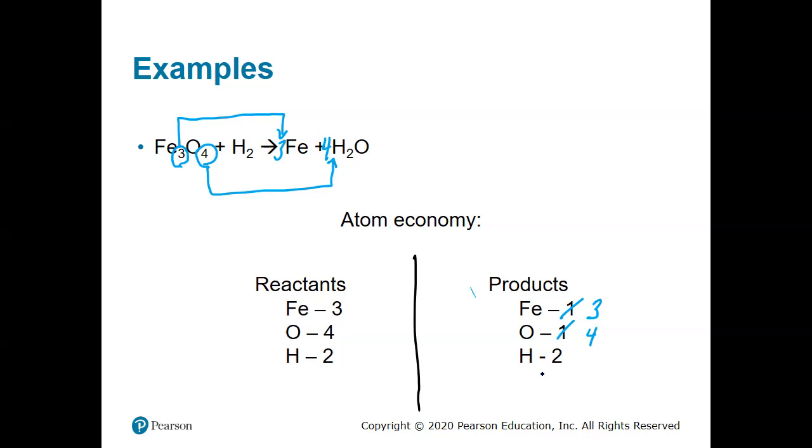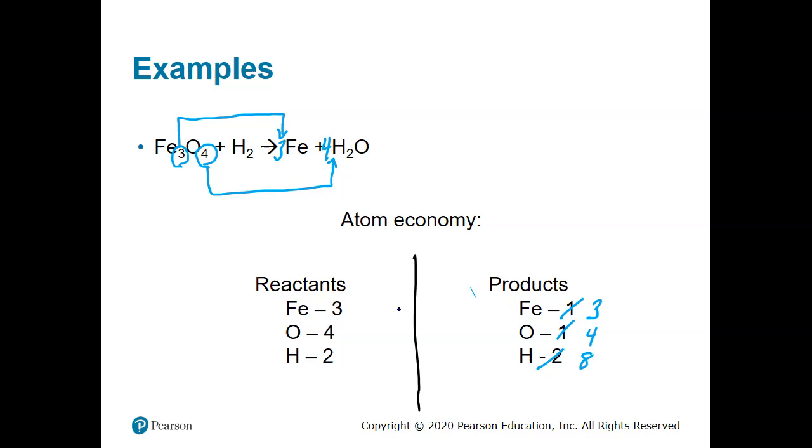But in the process, I also adjusted the hydrogen as well. 4 times 2 means I have 8 hydrogens now. So I've taken care of the iron problem. I've taken care of the oxygen problem. I've created a new problem with the hydrogen.